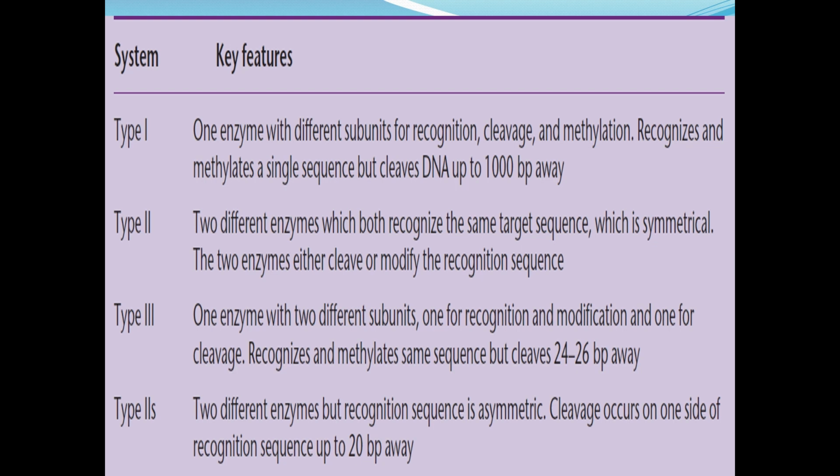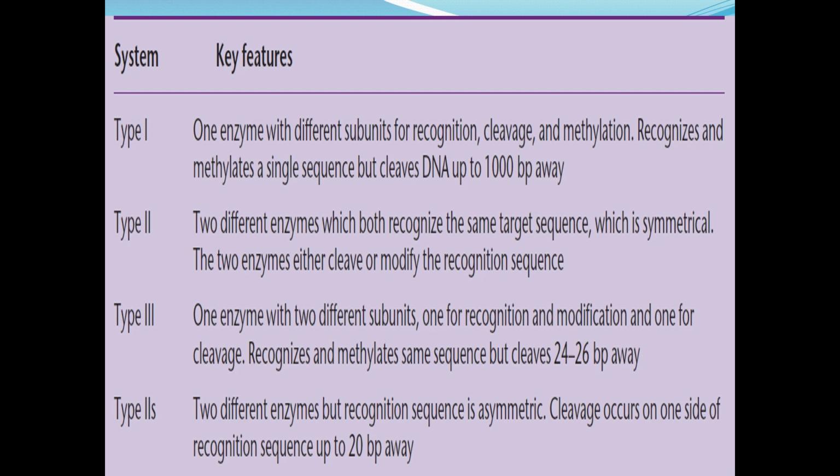In type 2, we have two different enzymes, both recognizing the same symmetrical target sequence. The two enzymes either cleave or modify the recognition sequence. In type 3, we have one enzyme with two different subunits, one for recognition and modification and one for cleavage.